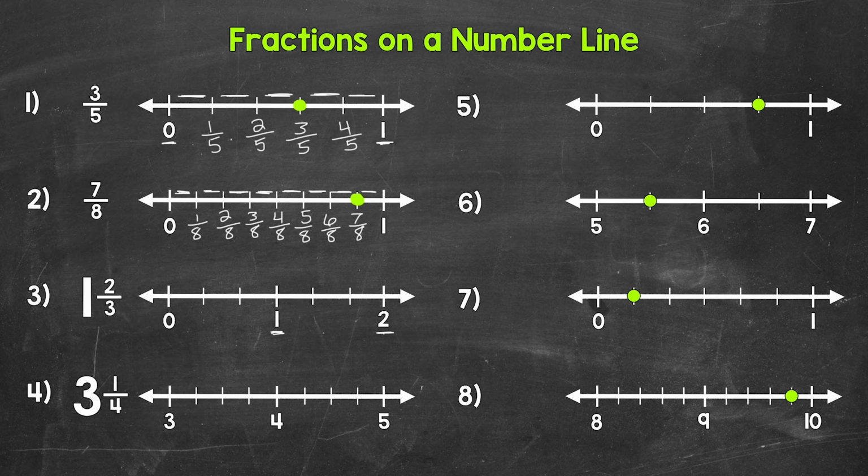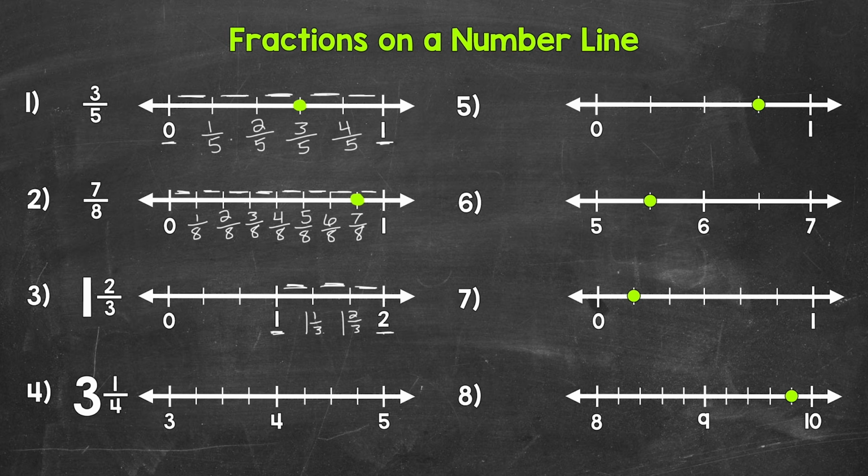Now, in between here, we have 1, 2, 3 equal parts, so thirds. This is going to be 1 and 1/3, and this is going to be 1 and 2/3. Then comes 1 and 3/3, which is 2, because we have 1, and then 3/3 is 1 as well, so that gives us 2.